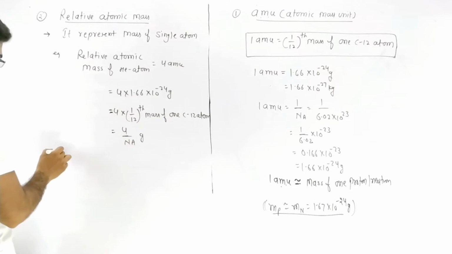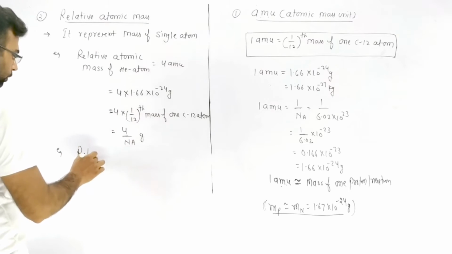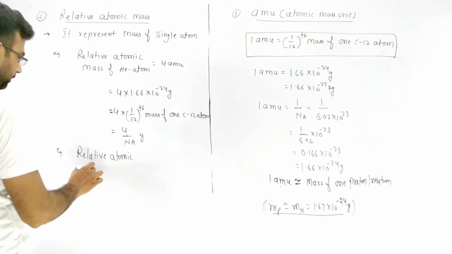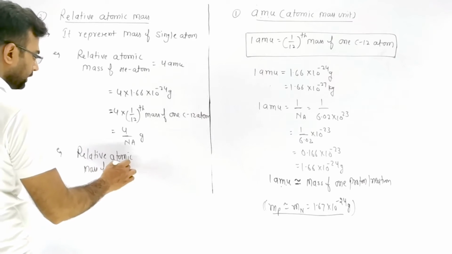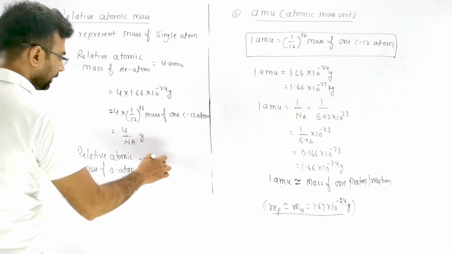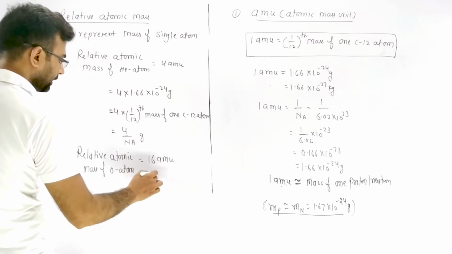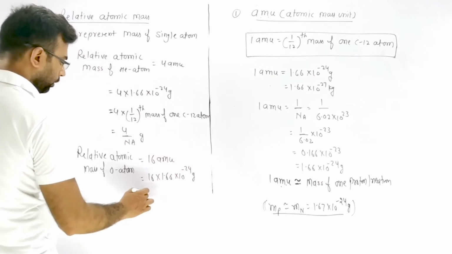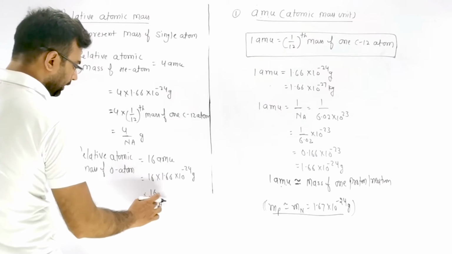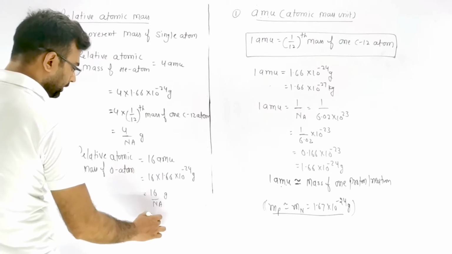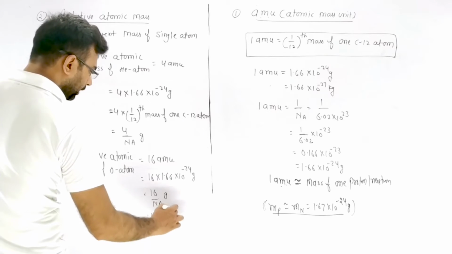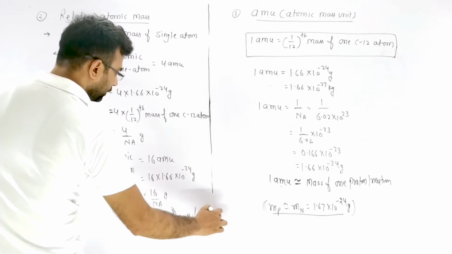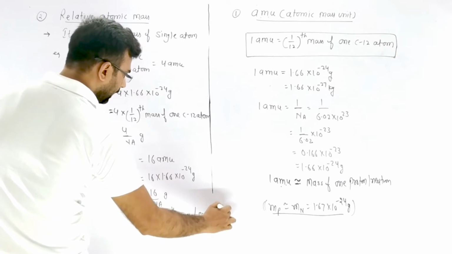Similarly, one more example: the relative atomic mass of an oxygen atom. We write 16 AMU, or it indicates 16 into 1.66 into 10 to the power minus 24 gram, or we write 16 divided by Na gram, or we write 16 into 1 by 12th the mass of 1 C12 atom.